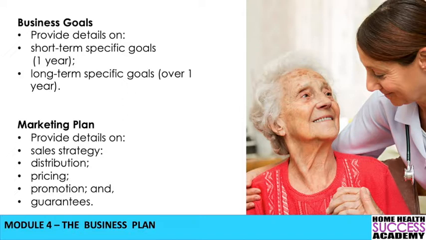So if you are going to write a business goal, you must be able to match the amount of commitment you're going to put in to get that goal. You can write a goal, but if you don't take any action to go after that, you're not going to be able to meet it. I like to put a higher goal in front of me so that it challenges me even more.